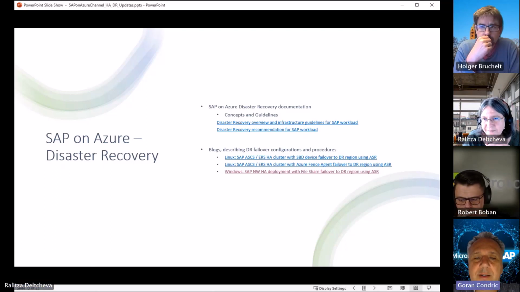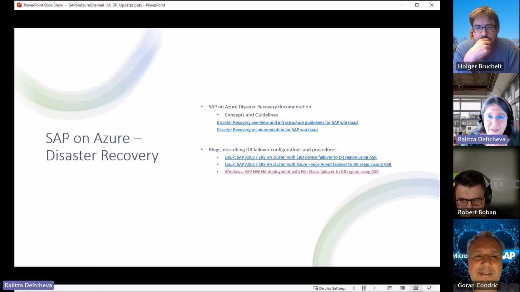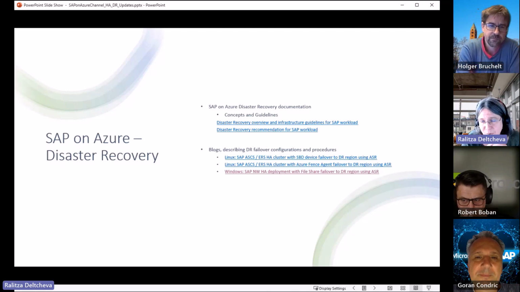Do you see a lot of demand to implement HA plus some kind of DR in Azure, and especially how would you compare to before Azure, in the on-premises environment? Well, for customers who run critical SAP systems, usually, yes, in addition to HA, they want to have a DR configuration.